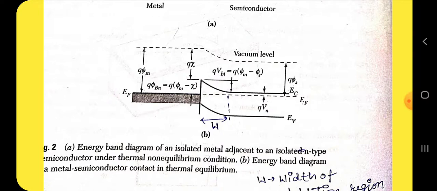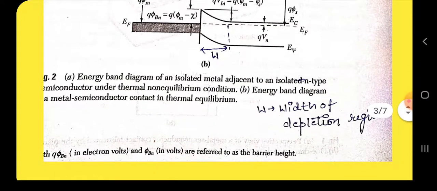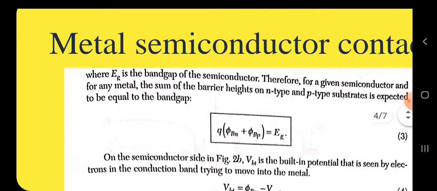Eg is the band gap of the semiconductor. Therefore, for a given semiconductor and for any metal, the sum of the barrier heights on n-type and p-type substrates is expected to be equal to the band gap: Q phi bn plus Q phi bp is equal to Eg.